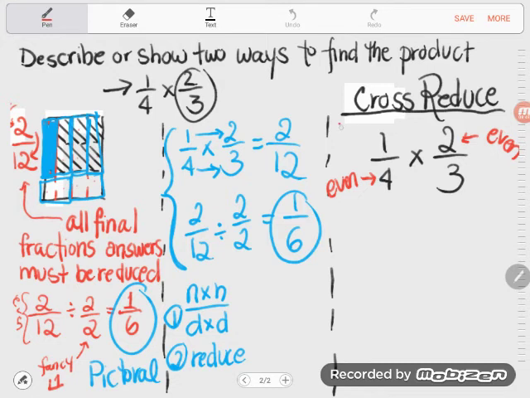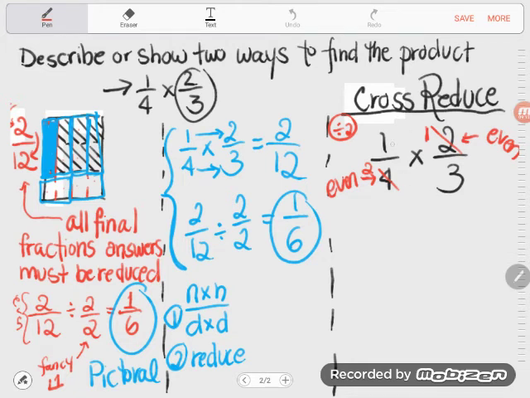This is the work I'm doing in my head. I don't usually write it down, but I'll write it down now so you can notice what I'm doing. And I'm going to cross out the number that I currently have and write the answer after I divide. So 2 divided by 2 is 1. Notice I write down the answer, not the 2. And 4 divided by 2 is 2. And so I cross out the old number, and there's my reduced number.